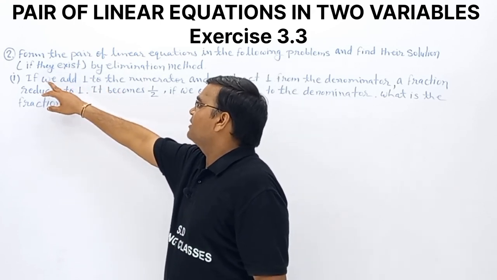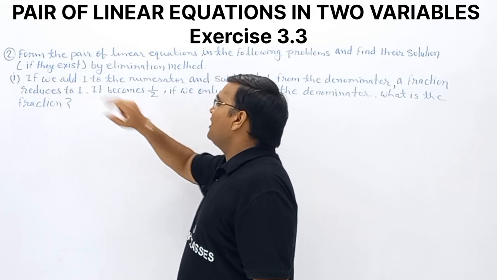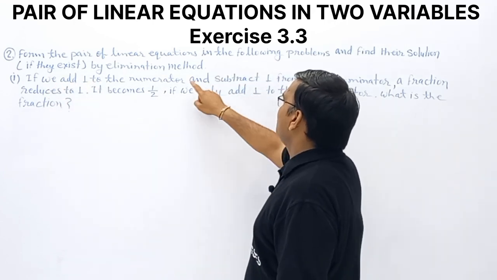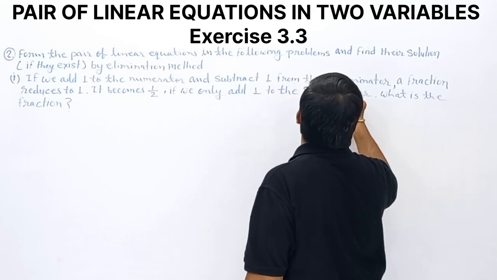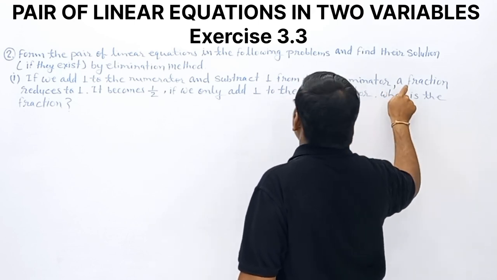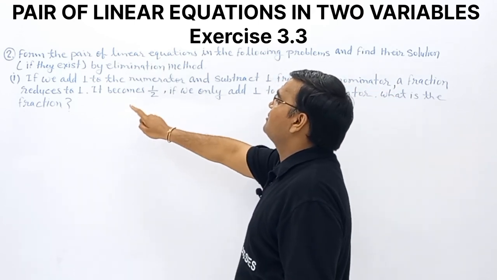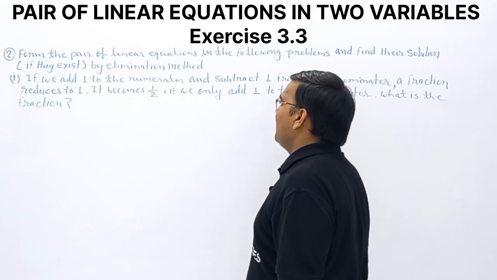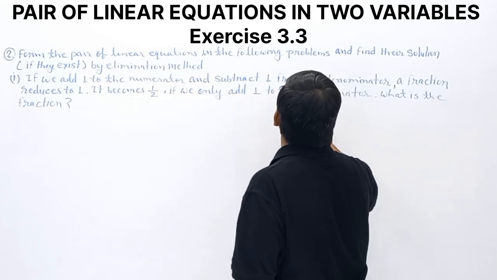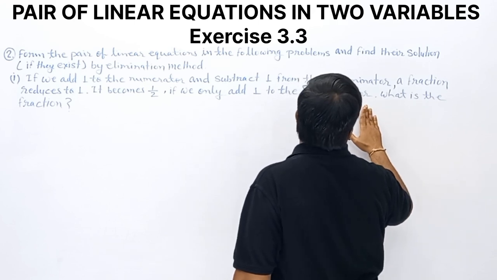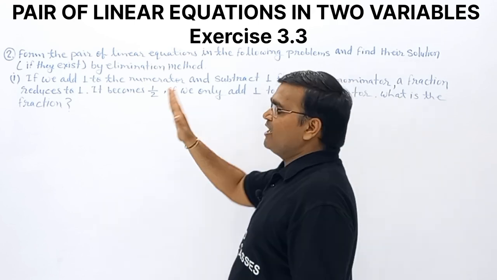Question number first one: if we add 1 to the numerator and subtract 1 from the denominator, a fraction reduces to 1. It becomes 1 by 2 if we only add 1 to the denominator. What is the fraction?